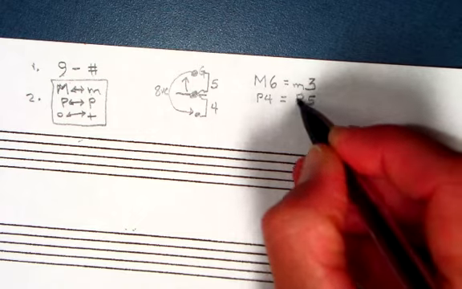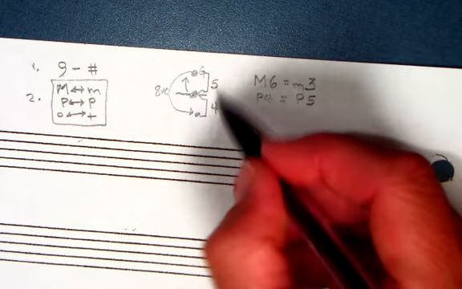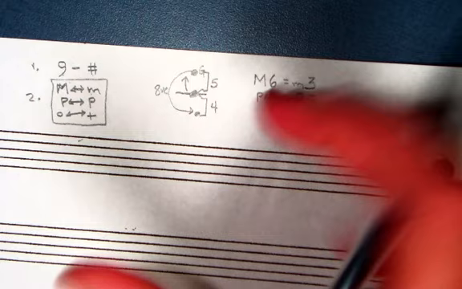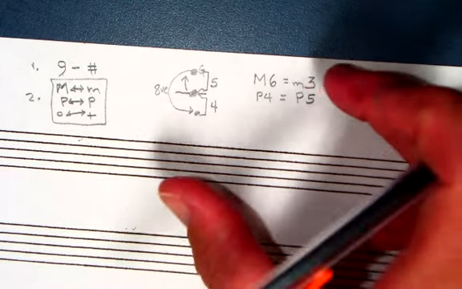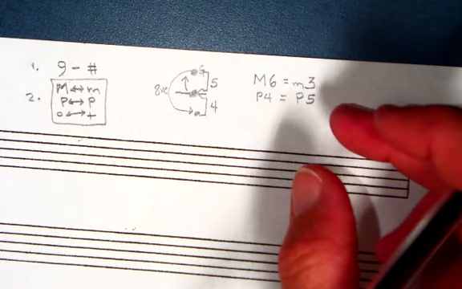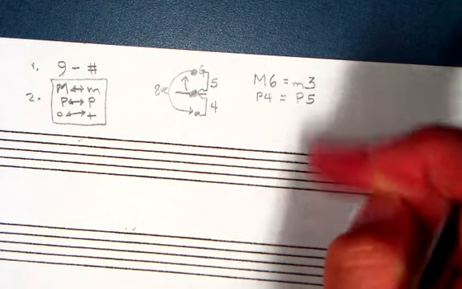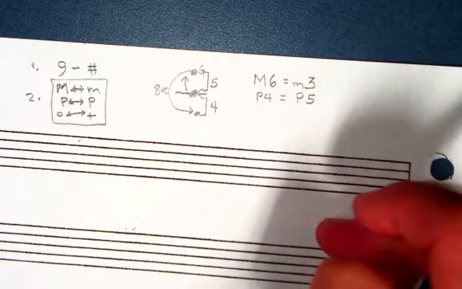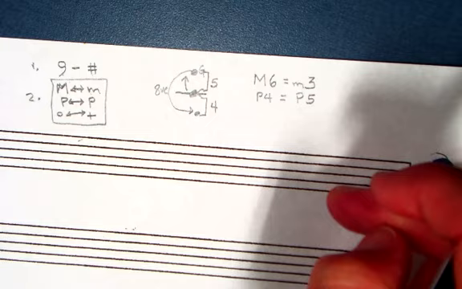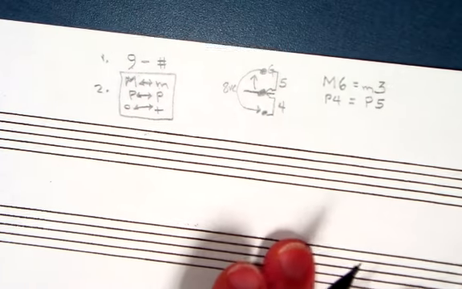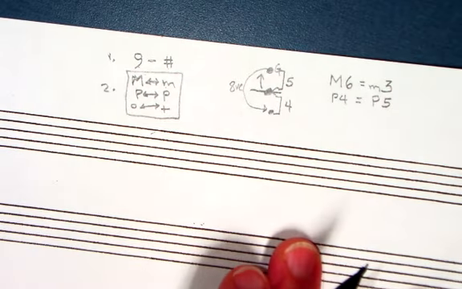So those are inversions of each other. Again, if you drop that note an octave, they become the inversion. This is so crucial when you're trying to find a note below a given note. You do its inversion above it, and then you drop it an octave and it turns into that note. All right, so that's the concept of inversions of intervals. Now let's put it into practice.